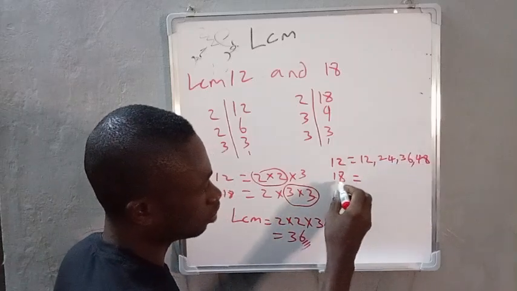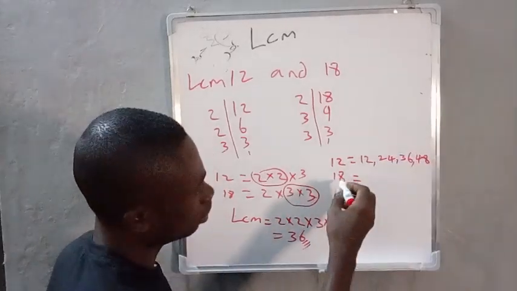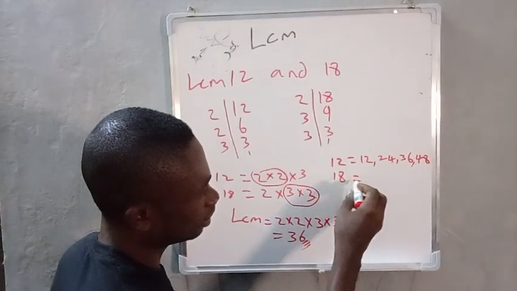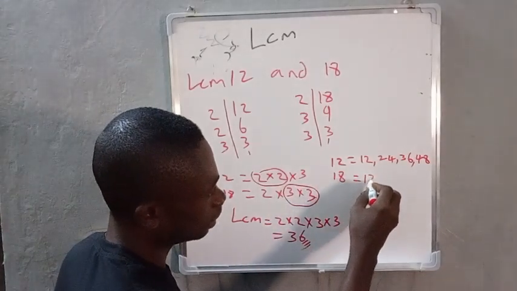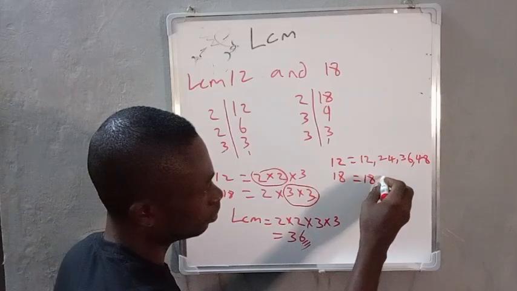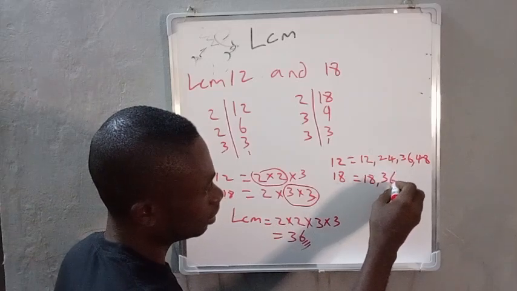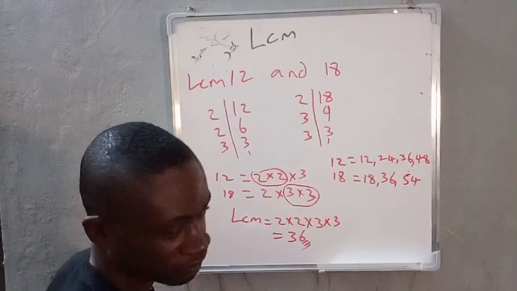It can go on and on. If you come to the multiples of 18, 18 times 1 is what? 18. 18 times 2 is what? 36. 18 times 3 is 54.